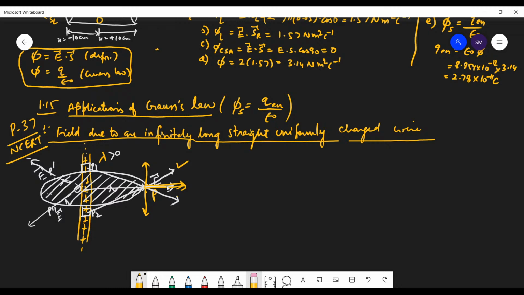So the net electric field will be along E only. So the components which are normal to the radial vector cancel out each other, and this is true for each pair. So the net electric field will always be radial.